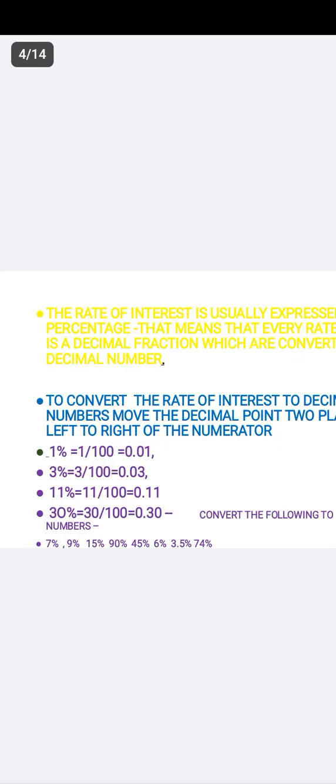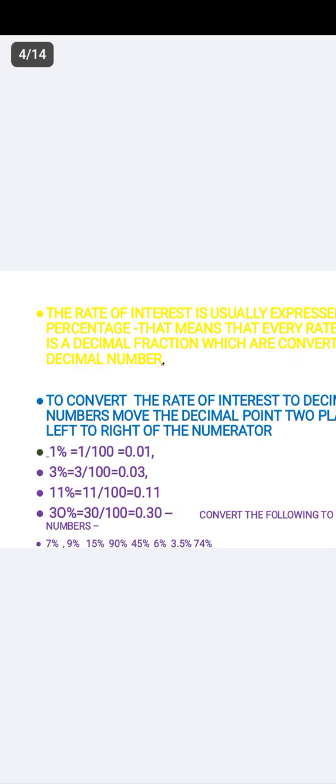So for all the percentages we are going to use in this tutorial, we are not going to say percentage is equal to 5 over 100. No, that is the percentage, but we are going to convert this percentage, this decimal fraction, to a decimal number. We'll be using decimal numbers in solving the problems we are going to encounter in this tutorial.